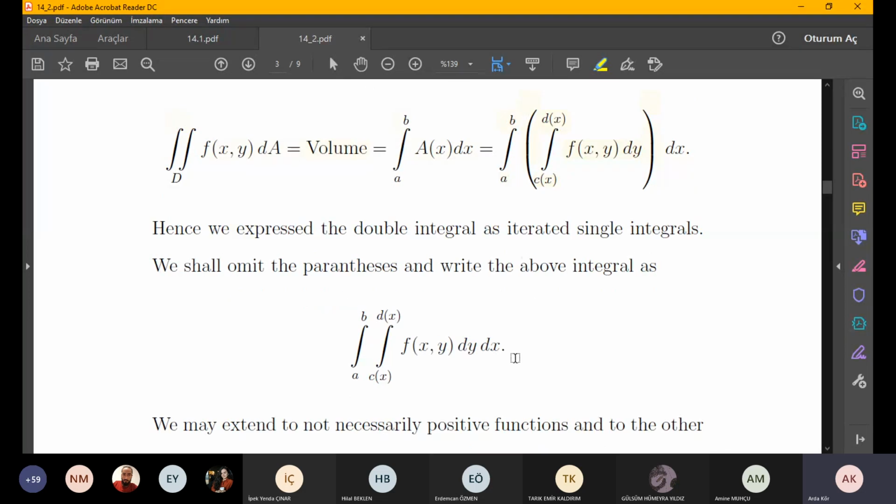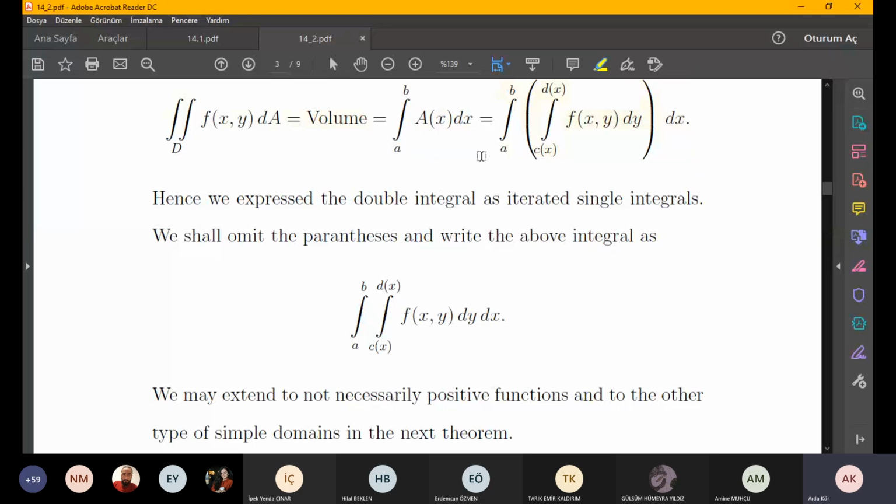And at the end, we shall just omit the parentheses that we have here, so we can directly find the volume of the solid by that double integration.